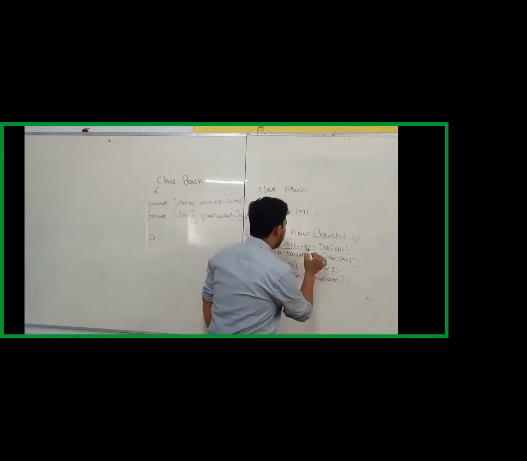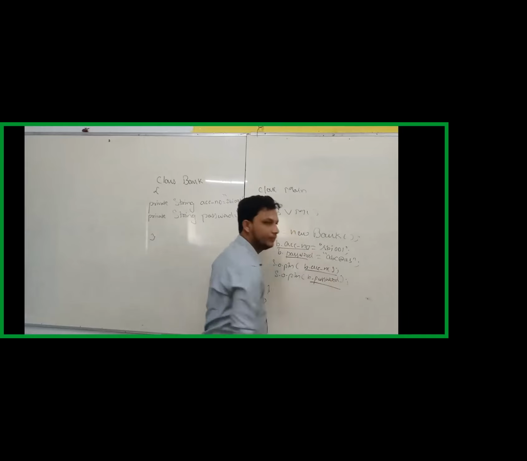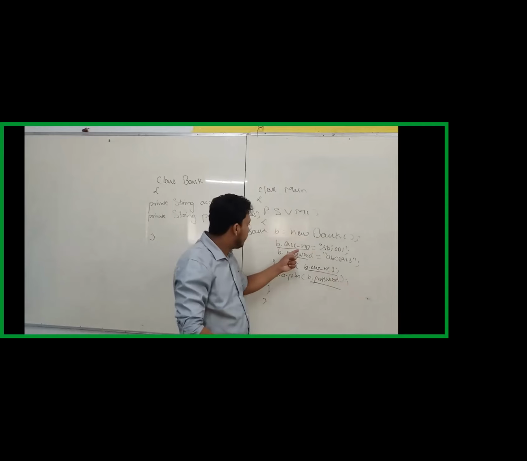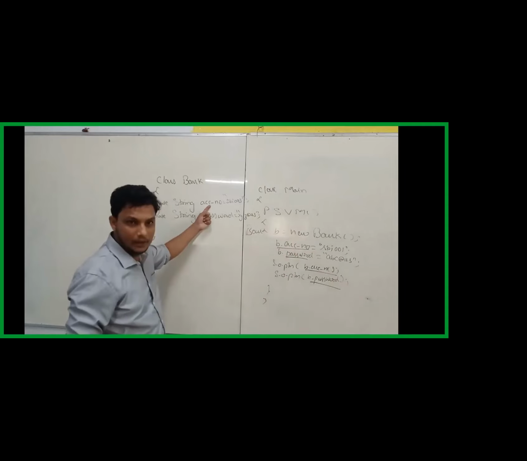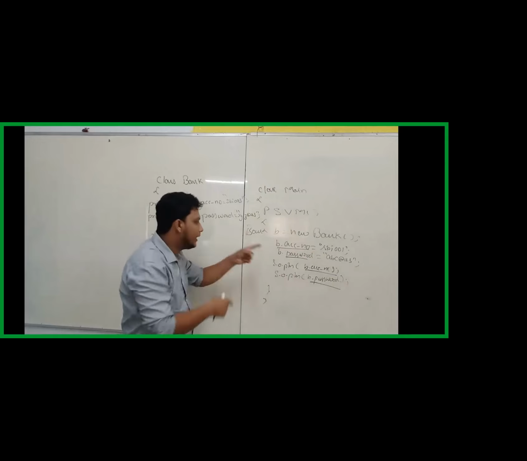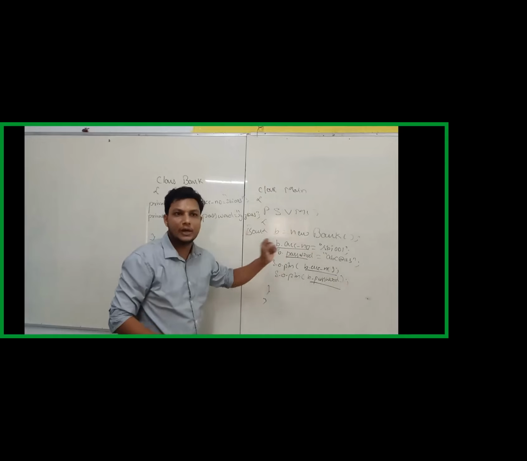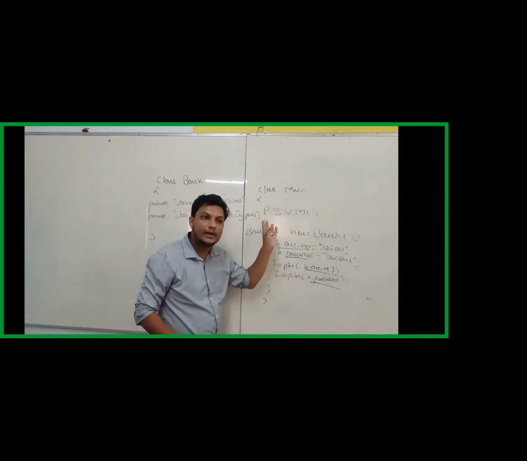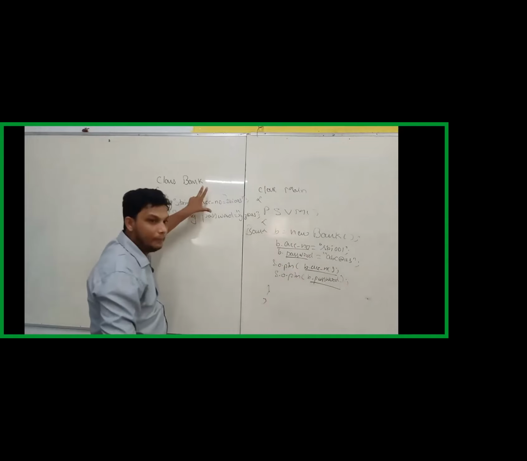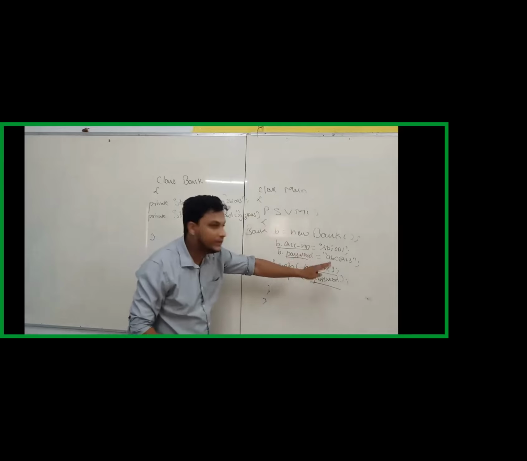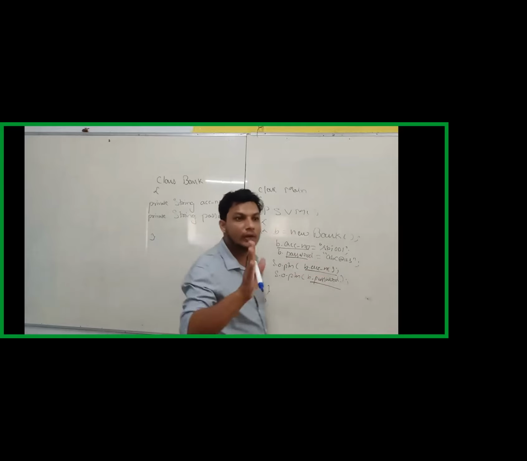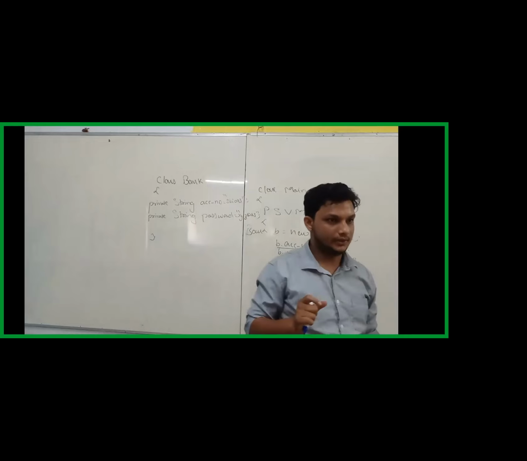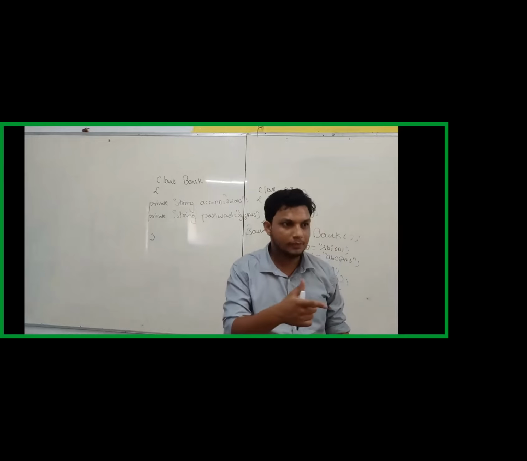Immediately an error will come here and here. Why? Because it will say, hey boss, you are trying to access the account number. It is private data. I cannot allow you to access it. You are trying to print it. Again, it is private data. It belongs to the Bank class, and I belong somewhere else. Even though you have an object, you cannot access the data. Immediately an error will come. Understanding? Let me execute and show you till here.